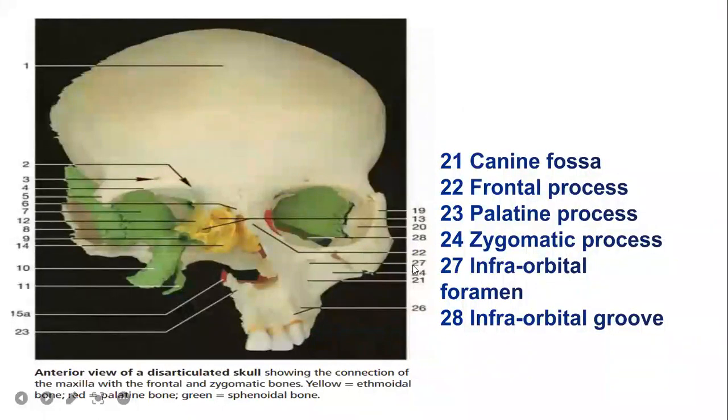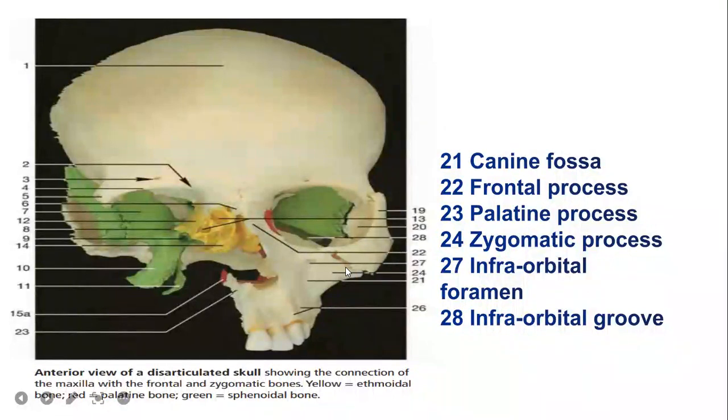Here we have a more detailed image, the anterior view of this articulated skull with other bones included. For our major concern, we can check the facts about the maxillae. The part labeled 22 is the frontal process.